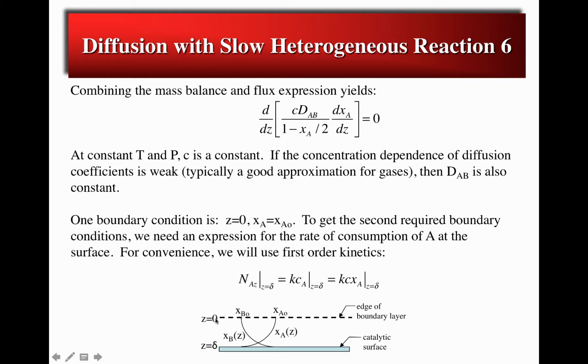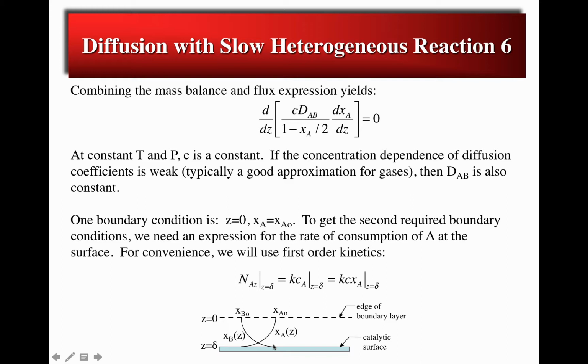One boundary condition is at the edge of the boundary layer, where the concentration of A is going to be the bulk average mixture concentration, or the mole fraction of A will be XA0. For the other boundary condition, we need an expression for how the flux of A is given at this catalytic surface.